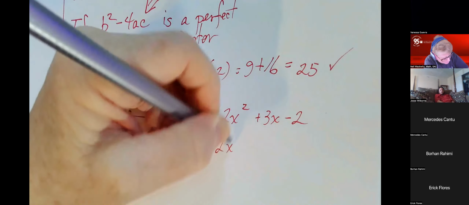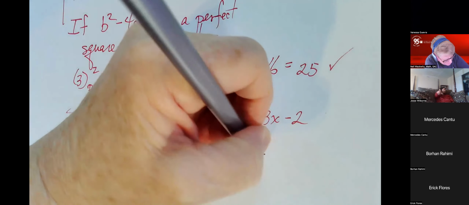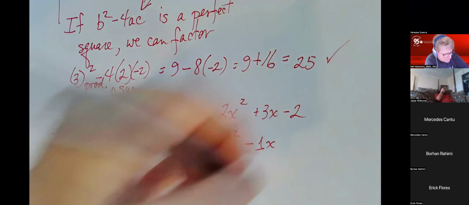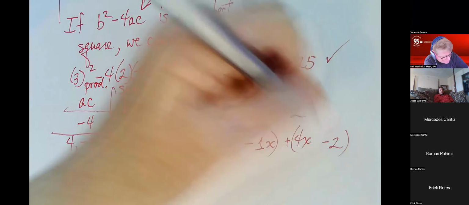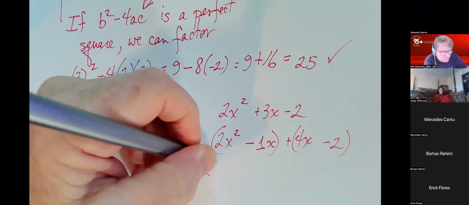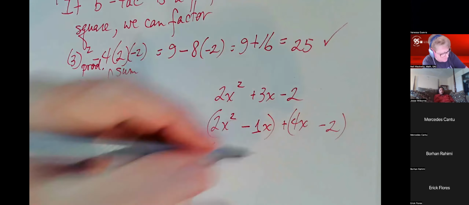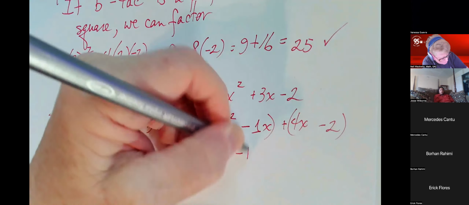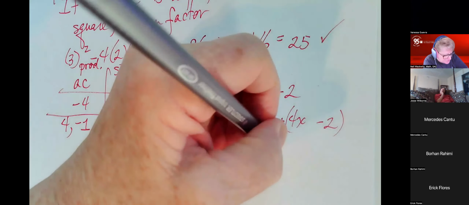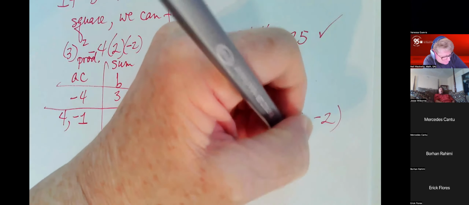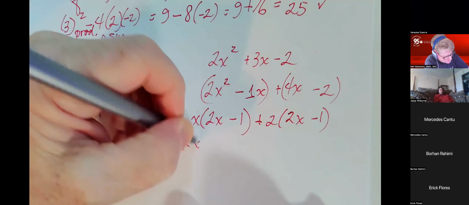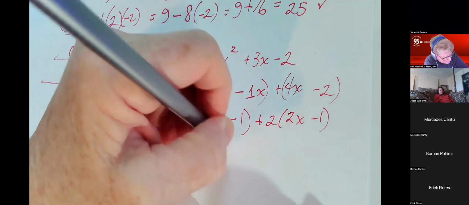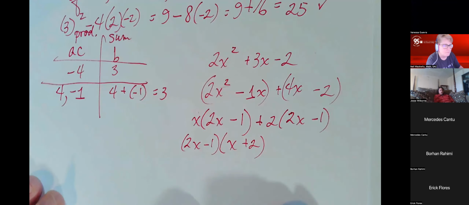So I've got 2x squared minus 1x from this, plus 4x minus 2, and we're going to factor by grouping. The first two factors have an x in common. The last two have a 2 in common. The remaining factors match, so pull it out, 2x minus 1. We're left with x plus 2.